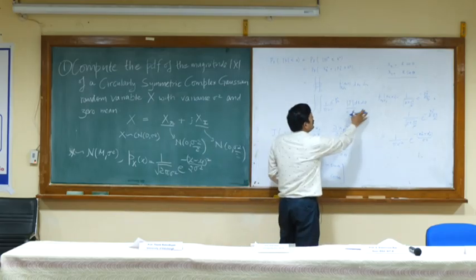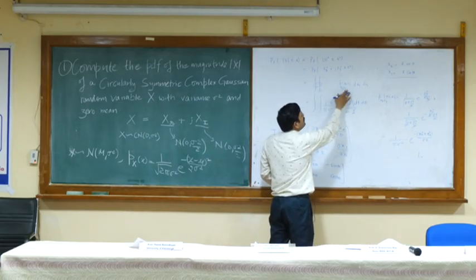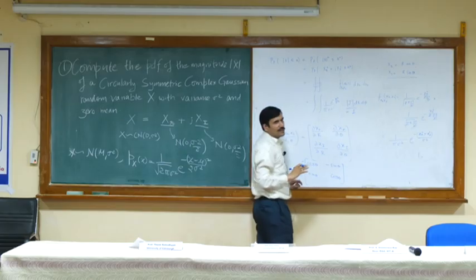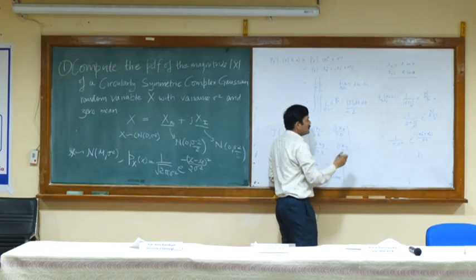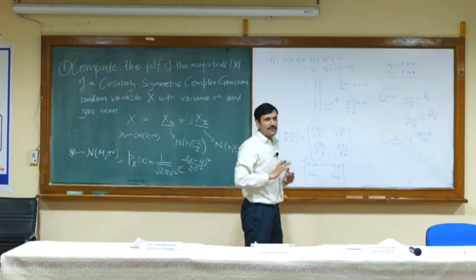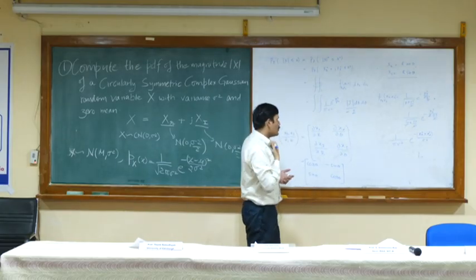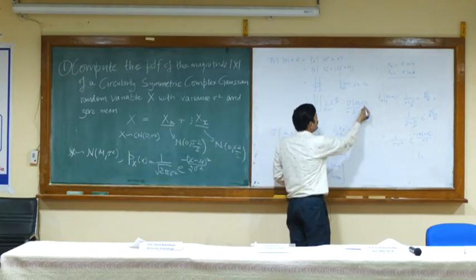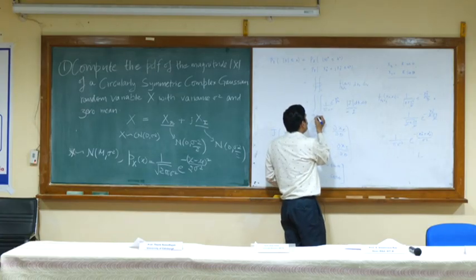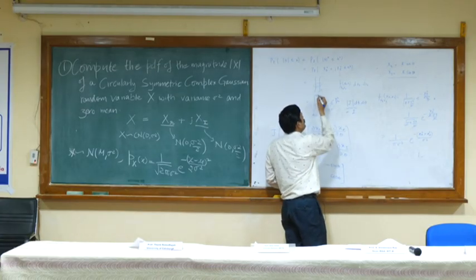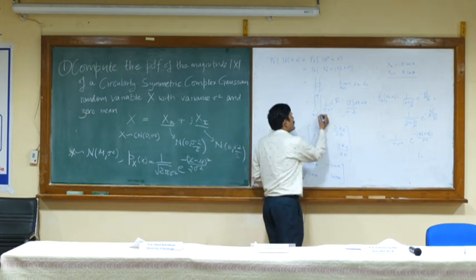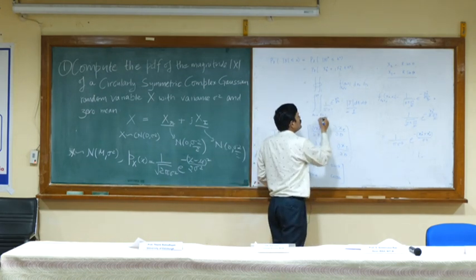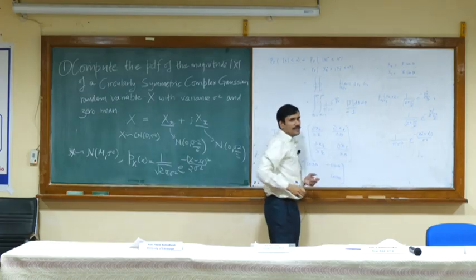Earlier we were talking about this xr and xi. Now we are talking about these r values, so it means we are talking about a circle. So in a circle, the value of theta can go from 0 to 2 pi, and the value of r can go from 0 to infinity.